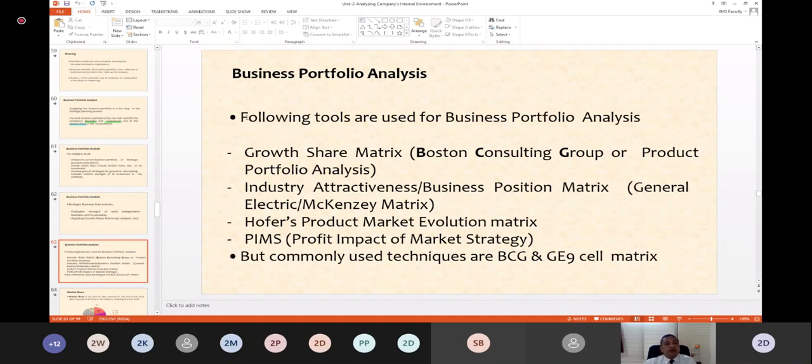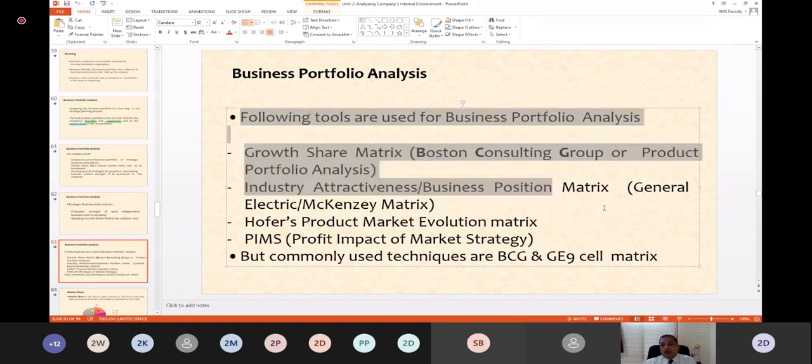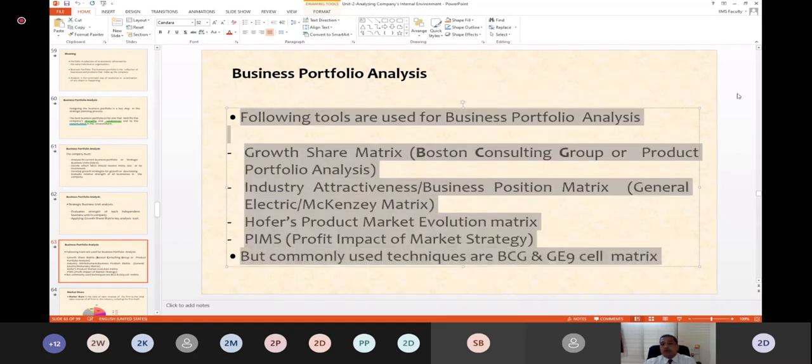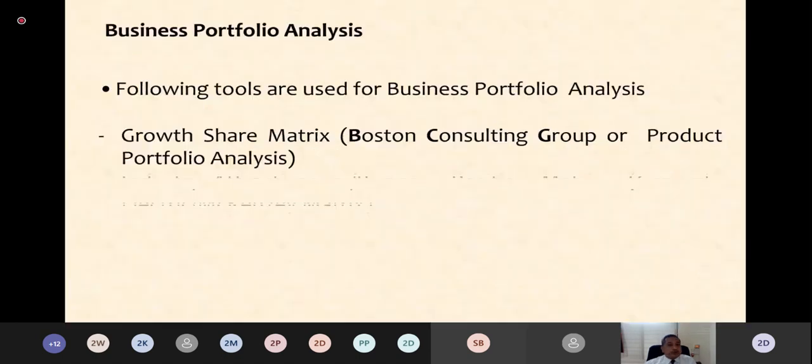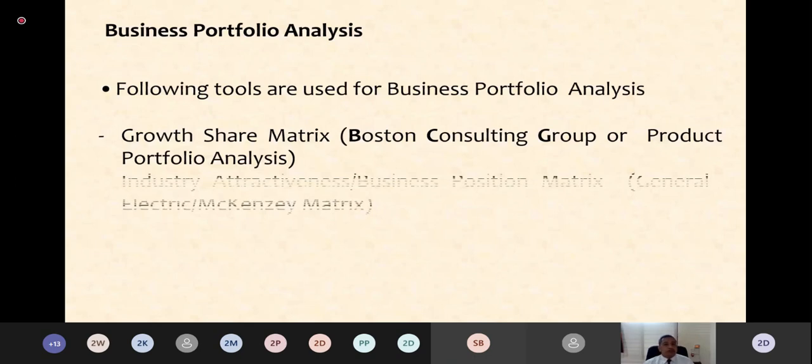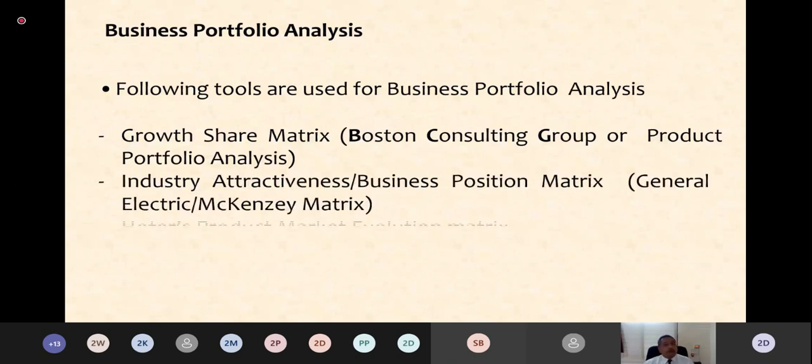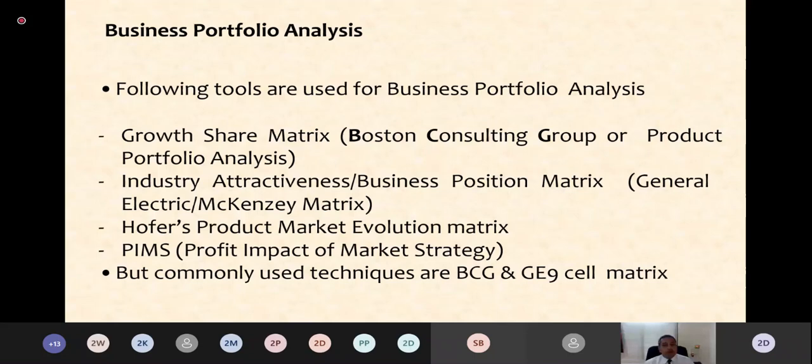But before going ahead, we will have to understand there are different techniques for this kind of business portfolio analysis. The business portfolio analysis which we are talking about, there are different tools which can be used. First is what we discussed, the growth share matrix, which is the Boston Consulting Group matrix, or product portfolio analysis.